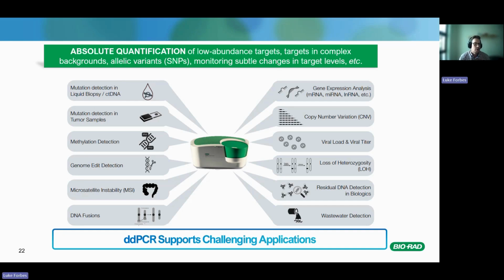Then you can also look at genome edit detection, microsatellite instability, which is a measure of change in your cell regulation, and then mutation detection, like we touched on with liquid biopsies and in tumor samples. These are some of the key benefits or challenging applications that ddPCR thrives in.